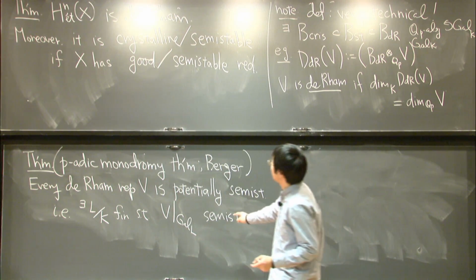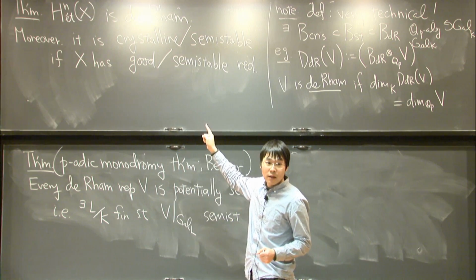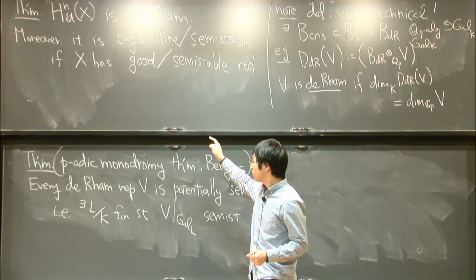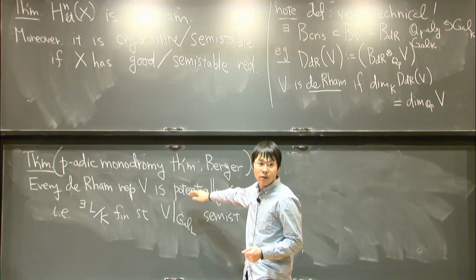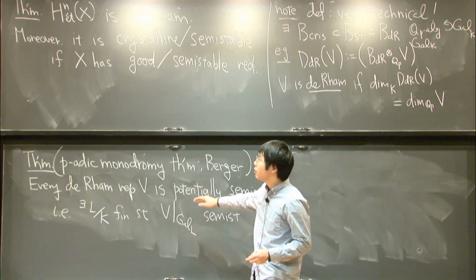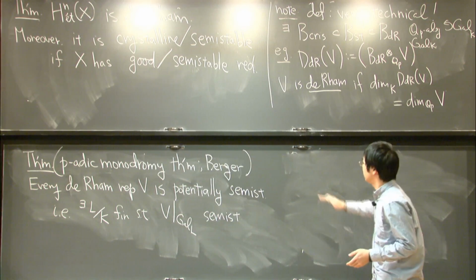Which one do you mean? Is the expectation that it is if and only if? This theorem, or? No, I'm sorry, that's a conjecture.